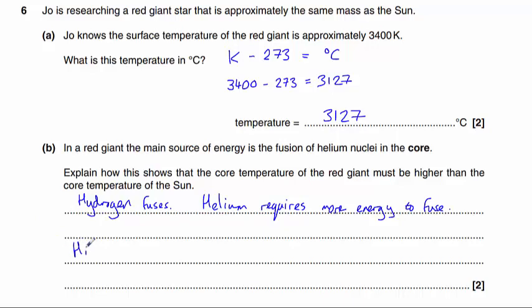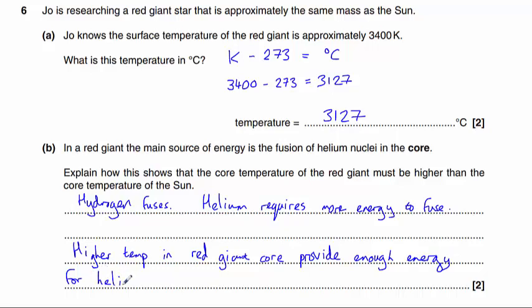So the higher temperatures in the red giant core provide enough energy for helium fusion.